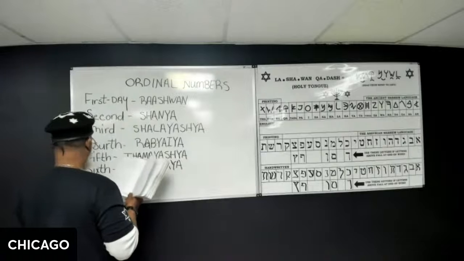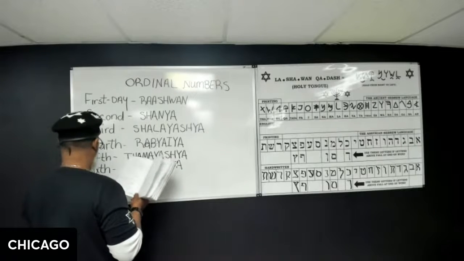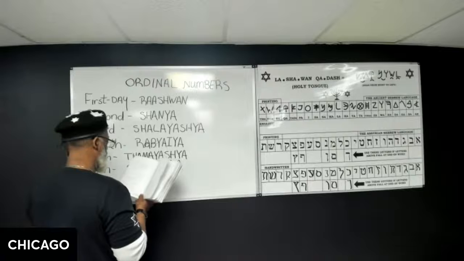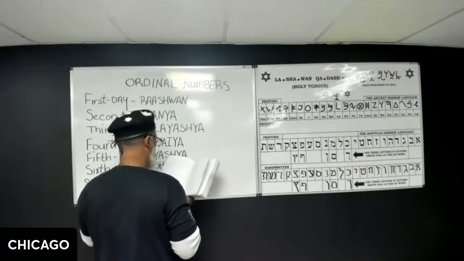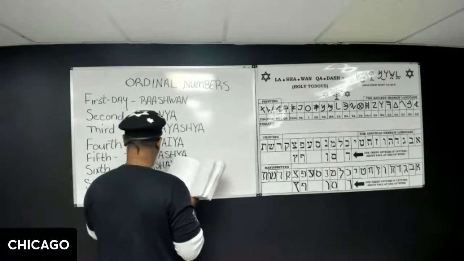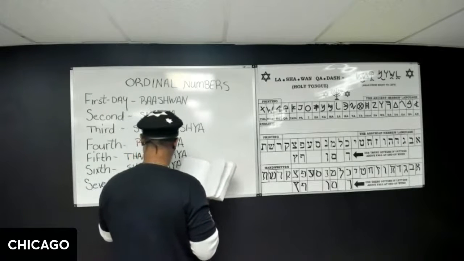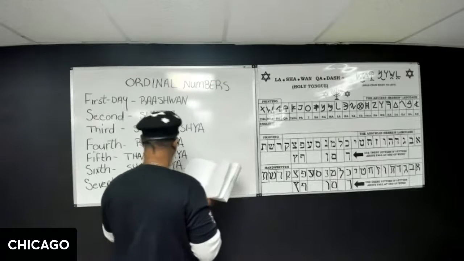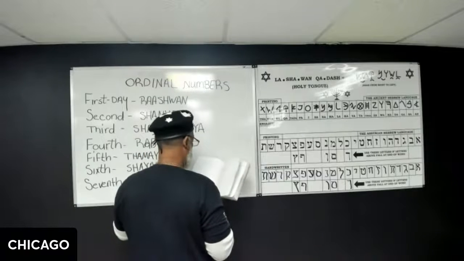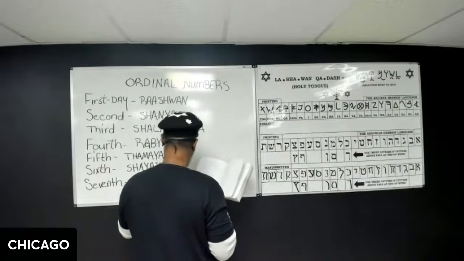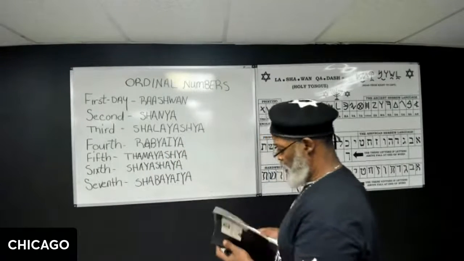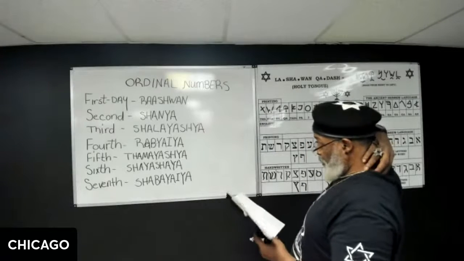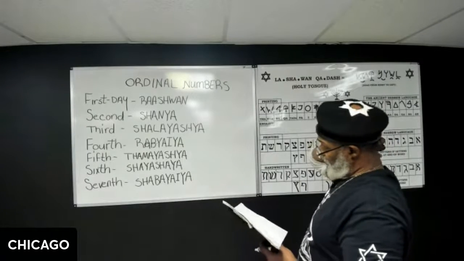The last but not least, seven. The ordinal numbers in the Hebrew: first, second, third, fourth, fifth, sixth, and seventh day.